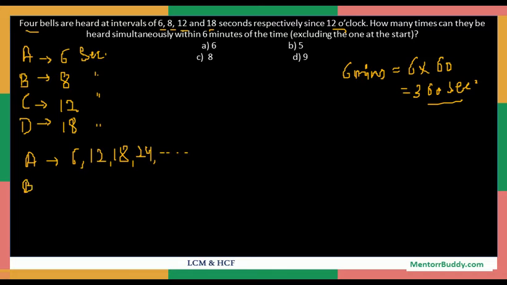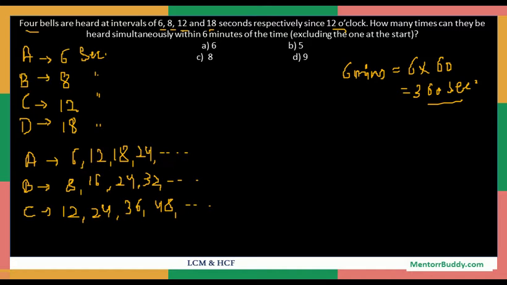B must be ringing at 8, 16, 24, 32 seconds and so on. C must be ringing at 12, 24, 36, 48 and so on, and D must be ringing at 18, 36, 54, 72 and so on.